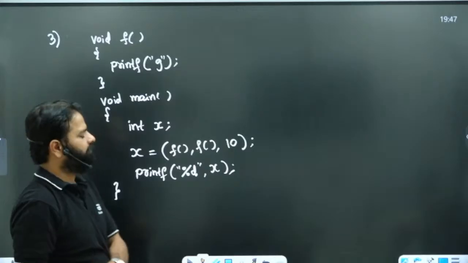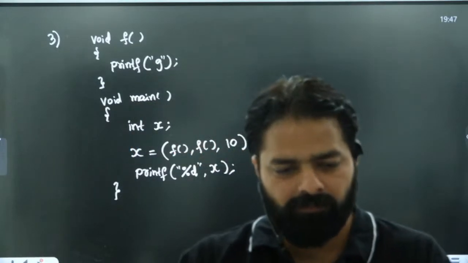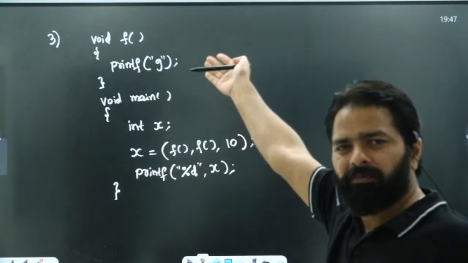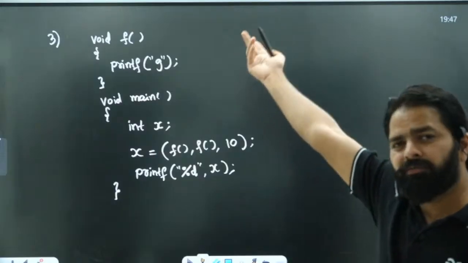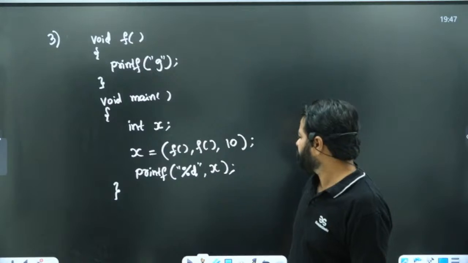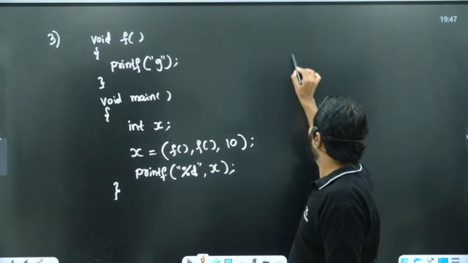Go ahead. I want you to understand the output. And also a function without argument, without return type. That you understood, right? F is without arguments and without return type. What is your output?